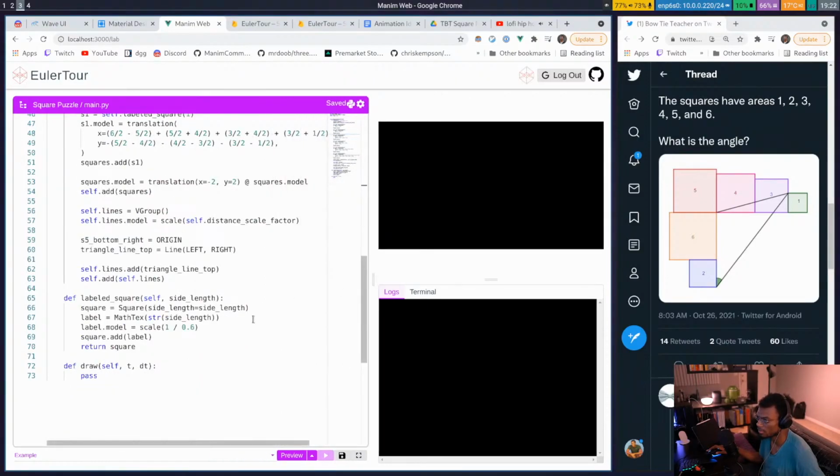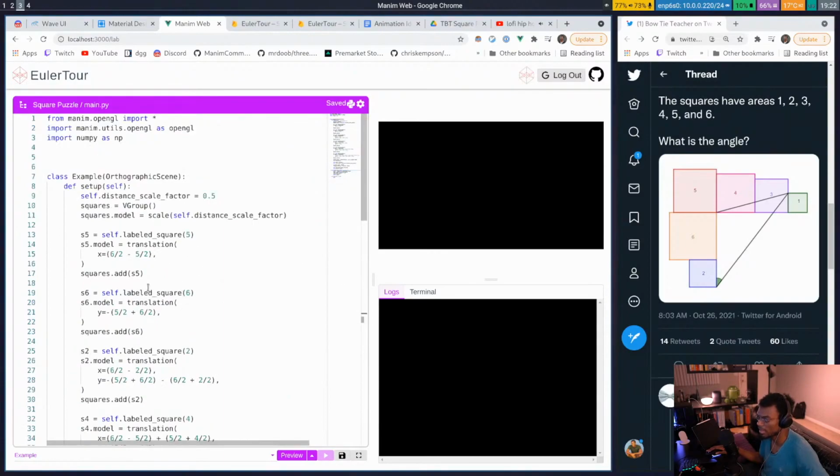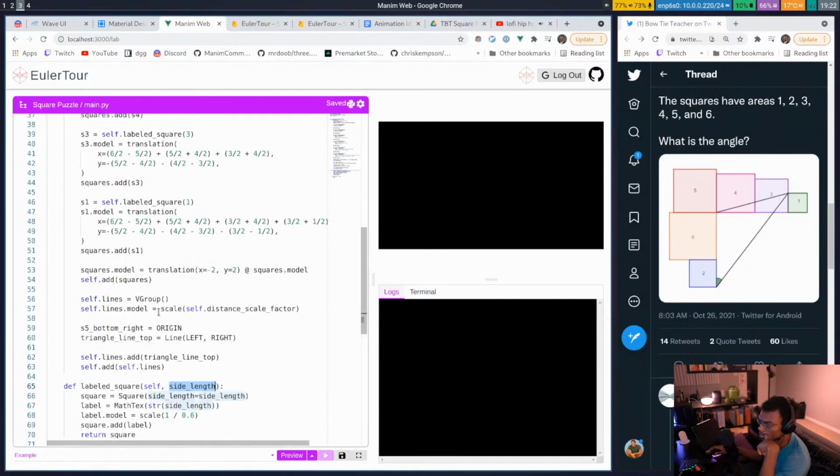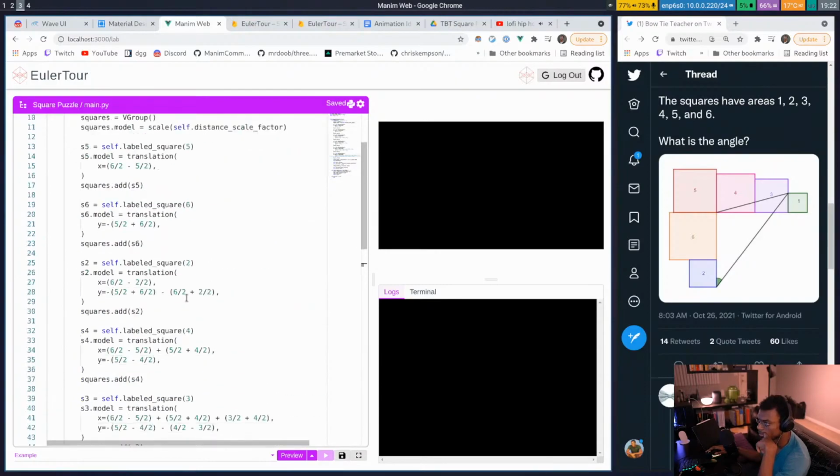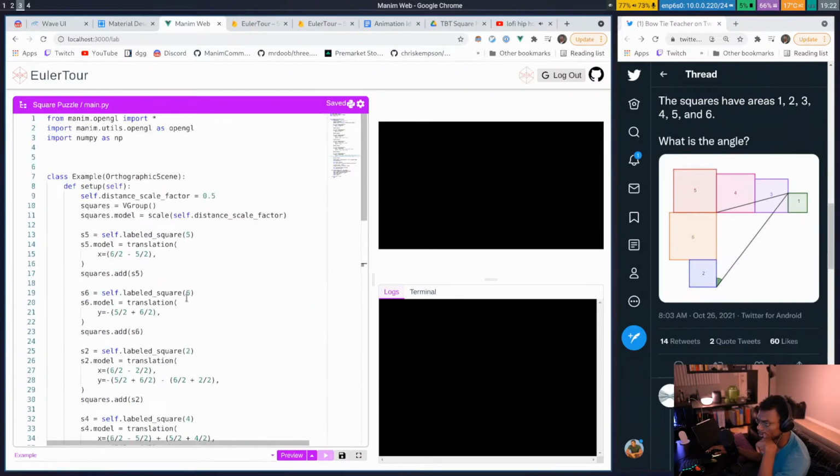But I will have to change these offsets. That's the most annoying part. Oh well. So I just have to do this square root instead.